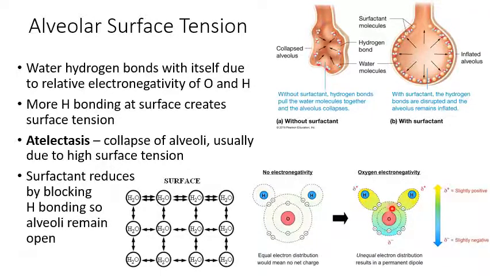So since it has electrons that are extra close to it, it's like it has extra electrons almost. So that gives it a partial negative charge, since the electrons have a negative charge. So in water, you have one side of the molecule that has hydrogens and partial positive charges. On the other side of the molecule, you have oxygen and a partial negative charge. This makes water a polar molecule, and that gives rise to many of the properties of water.